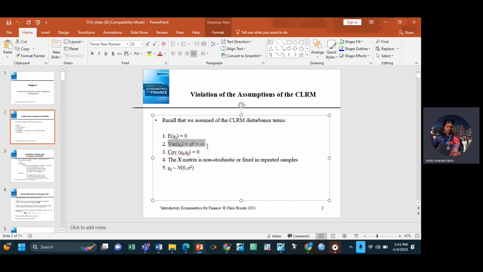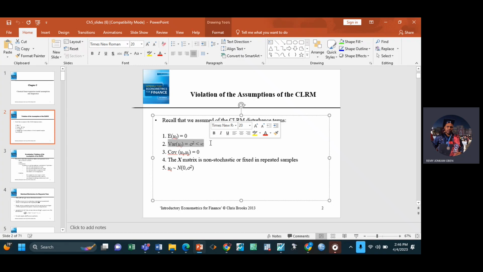What does this mean? The variance of the error term is constant. How do we call that? Constant variance has a term. Homoscedasticity.